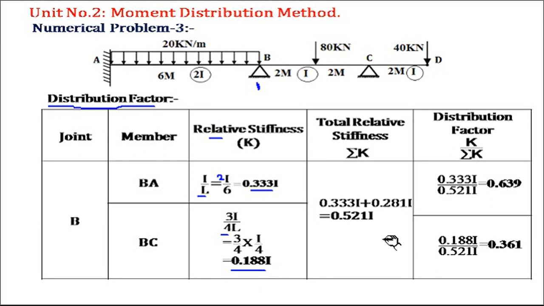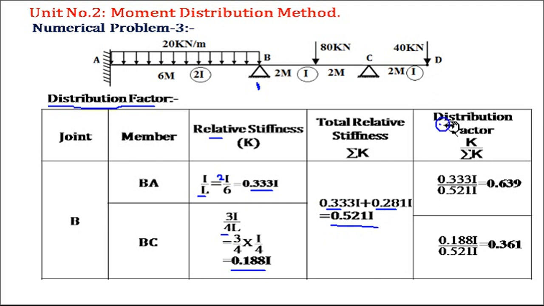Next we have to find out the total relative stiffness. Total relative stiffness is nothing but the addition of the relative stiffnesses of the different members at a joint. So the relative stiffness of member BA is 0.333I plus the relative stiffness of member BC, that is 0.188I, so we get the total relative stiffness value as 0.521I.